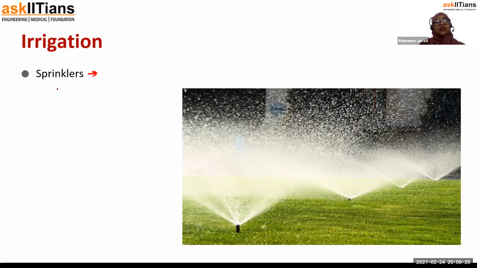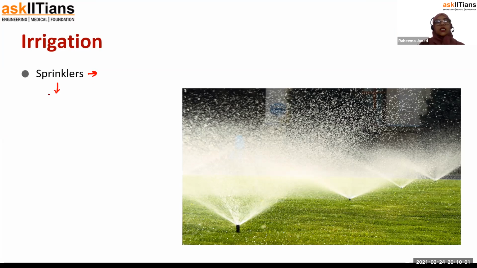The new age systems include sprinklers. You must have seen sprinklers in the gardens present in buildings, schools, offices, etc. These sprinklers are very helpful because they are just like rain. Drop by drop they are supplying the water, and at one time you can put many sprinklers, and they put water directly on the crops, directly on the plants, just like rain.